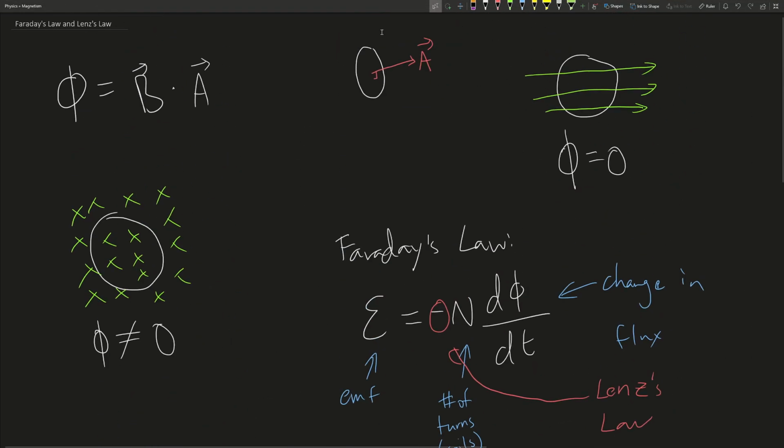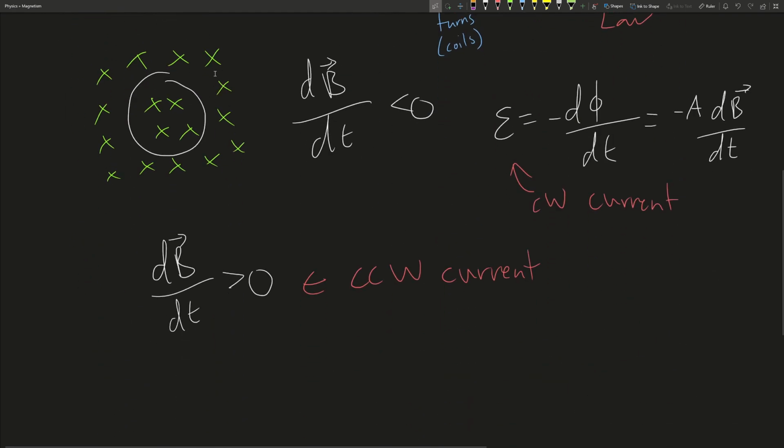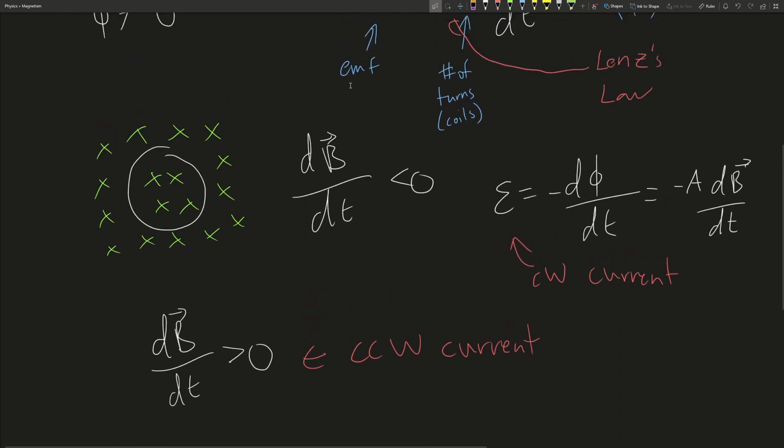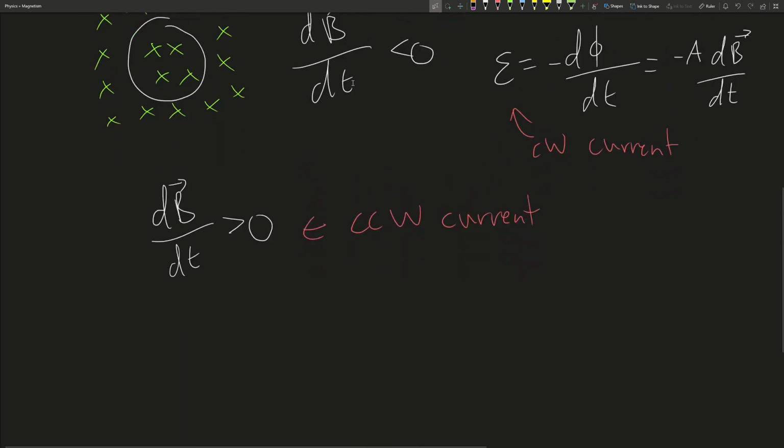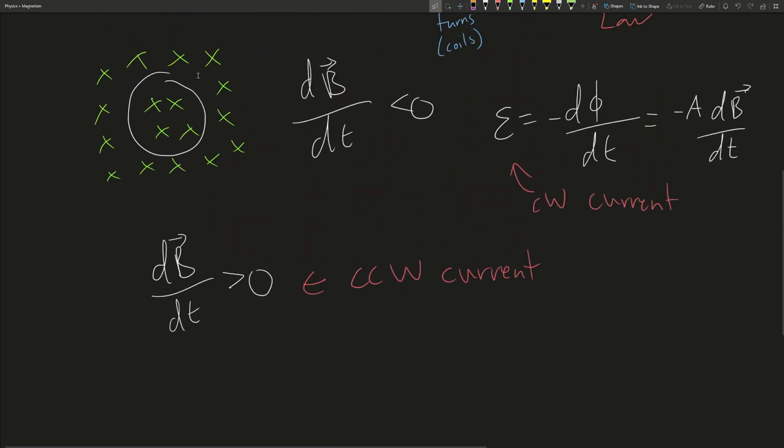Okay. And then again, because flux is equal to B dot A, we know that not only do changes in the strength of the magnetic field matter, but also changes in the area of the loop. So let's just say the loop was getting smaller. So if the loop was getting smaller, then area would be decreasing, and so flux would be decreasing.